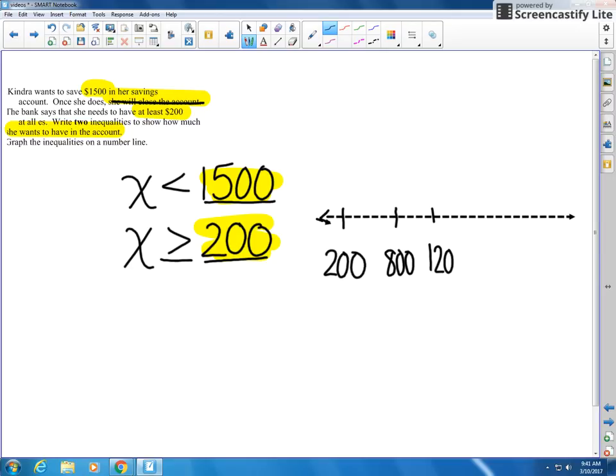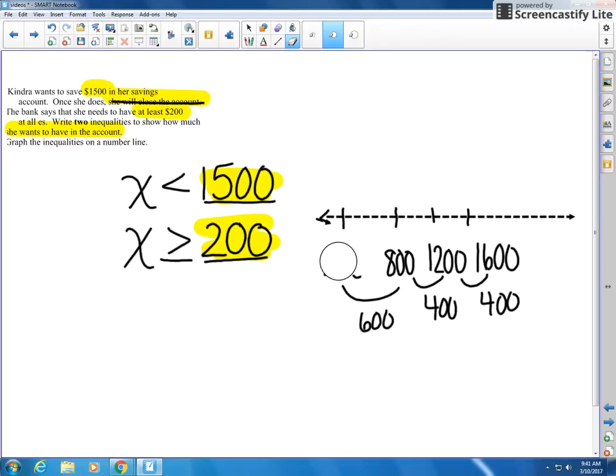1,200, 1,300, 1,600. Ooh, my numbers aren't matching up perfectly. Now it looks like it's going up by different amounts because this is 600 right here, and this is 400 right here, and this is 400 right here. So that's not always the best way to label it. So I'm going to change this.